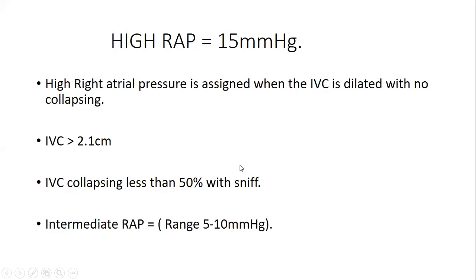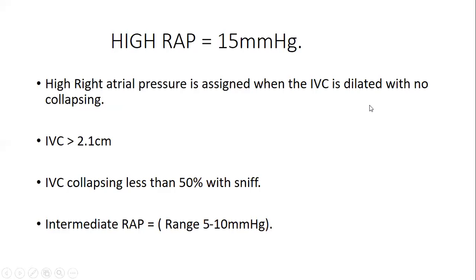When do we say the pressure within the right atrium is high? When it's around 15 millimeter mercury, which I mentioned. So high right atrial pressure is assigned when the IVC is dilated with no collapsing. How do you know that this is dilated? You quantify it using your M mode.